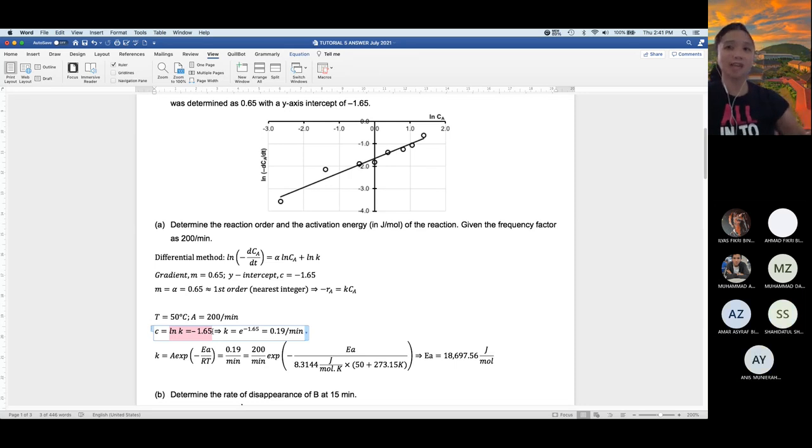But kita nak cari K. So kalau kita nak cari K, we have to exponent both sides. So bila kita eksponenkan ln K, dia jadi K. Sebelah yang kanan akan menjadi exponent negative 1.65. So you have to press your calculator, exponent. Don't forget negative 1.65. You will get your K as 0.19.